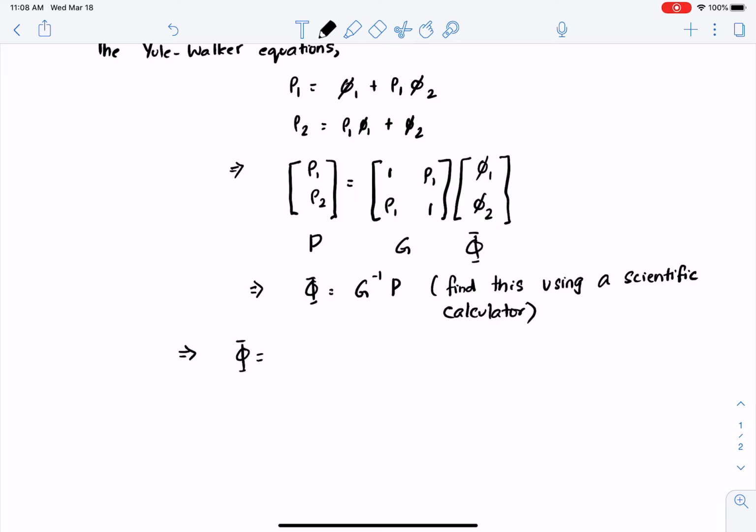phi to be equal to, well, before I get that far, let me plug in the numbers here. So in our case, we would have 0.6593, 0.4856 equals 1, 0.6593, 0.6593, and 1.